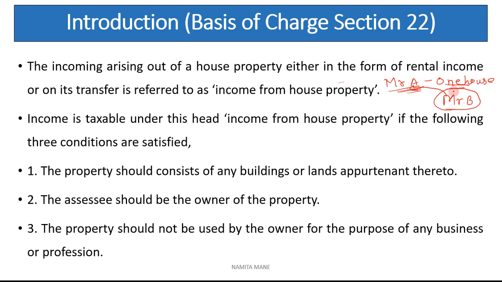For using A's house, B is paying some money. That money is called rental income for Mr. A. So what do you mean by income from house property?